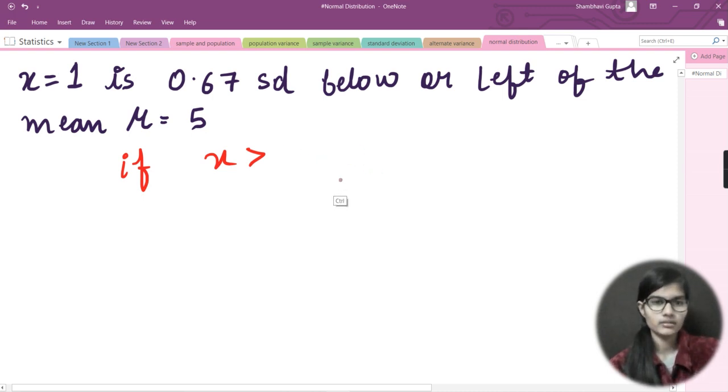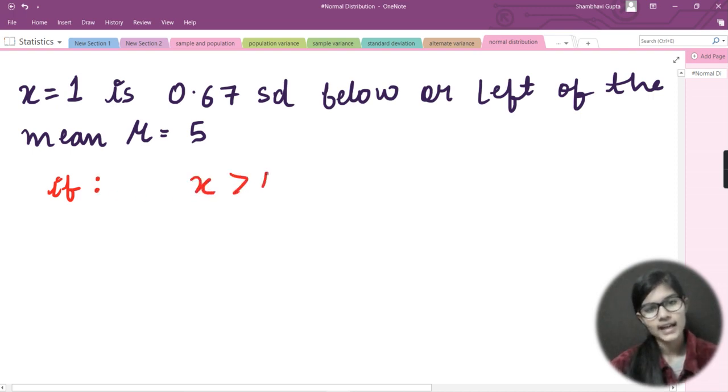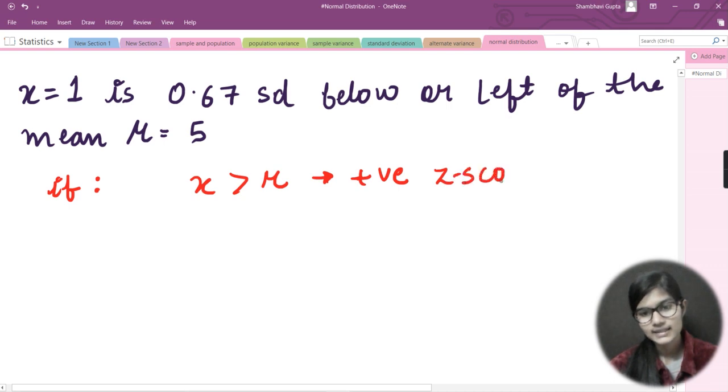So I can take a conclusion from here: if x is greater than mu, now, if my value of x is greater than the value of mu, then I would always get a positive z score, right?